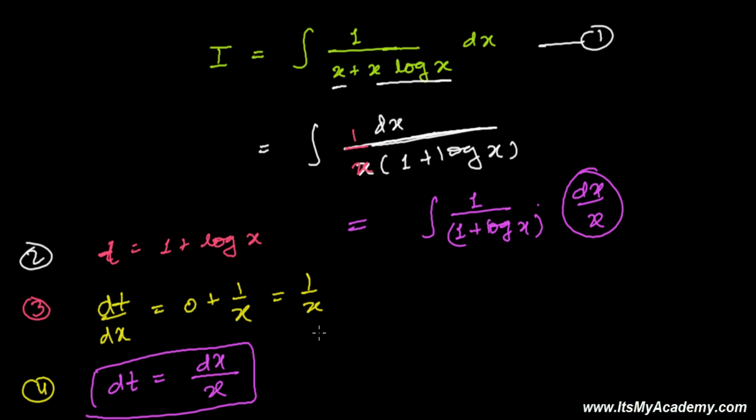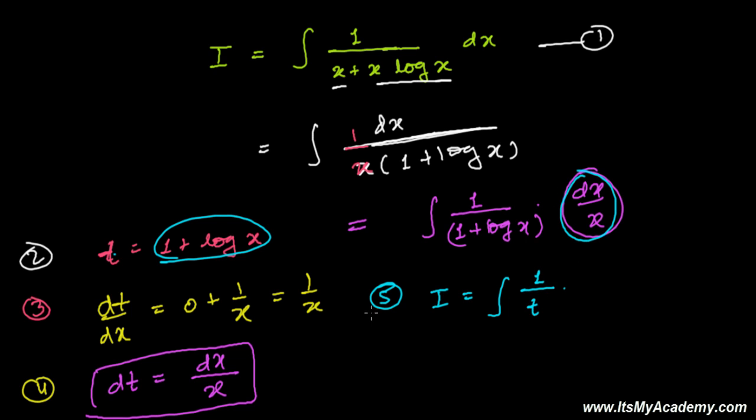So this thing can be directly replaced by dt, and now our fifth step is replacing all the existing variables by the new term, in terms of t. So our integral now becomes 1 over 1 plus log x. 1 plus log x is t, so it's 1 over t, and dx over x is simply dt.